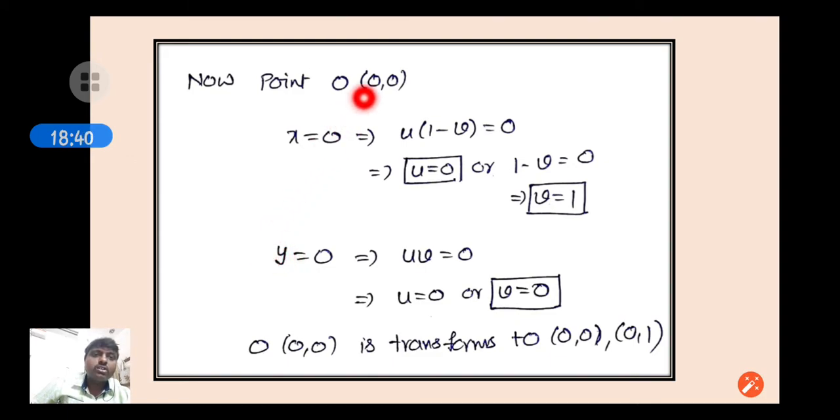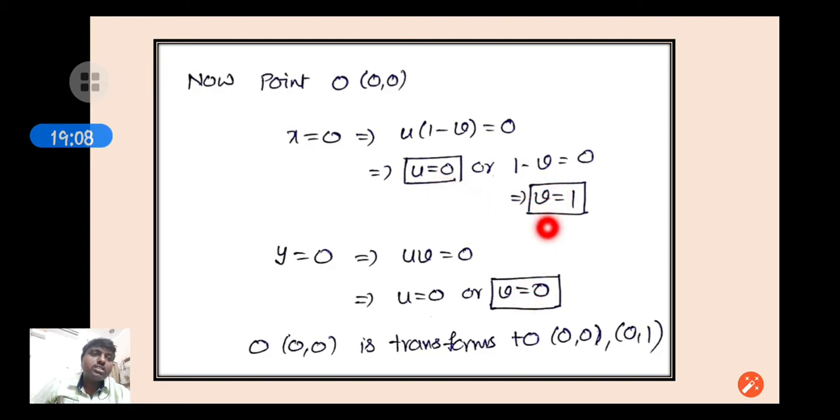y equal to 0. Here 0, 0 is the point, x value 0 and y value is also 0. Now y is equal to 0. If y is equal to 0, then uv is equal to 0. That means u is equal to 0 or v is equal to 0. Okay, so our point 0, 0 is transformed into u, 0. If u is 0, v is equal to 1 or v is equal to 0.